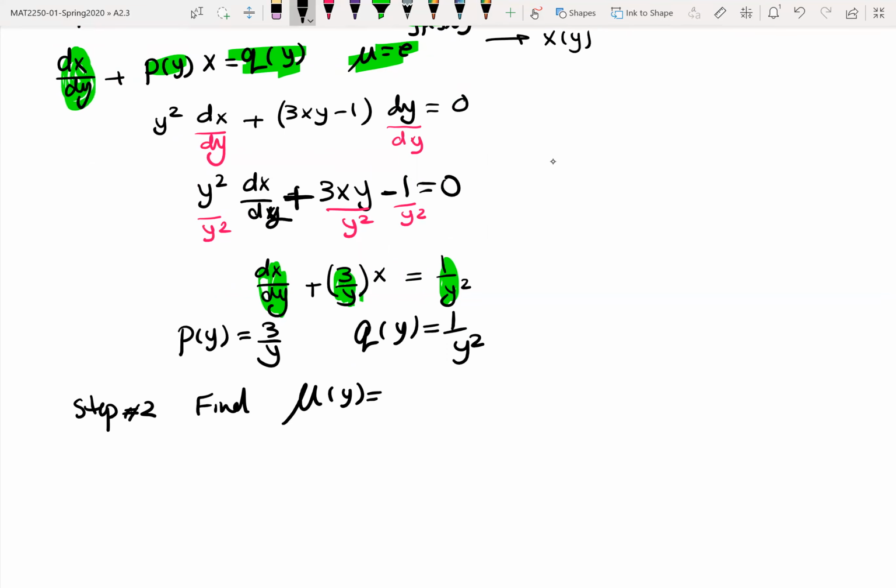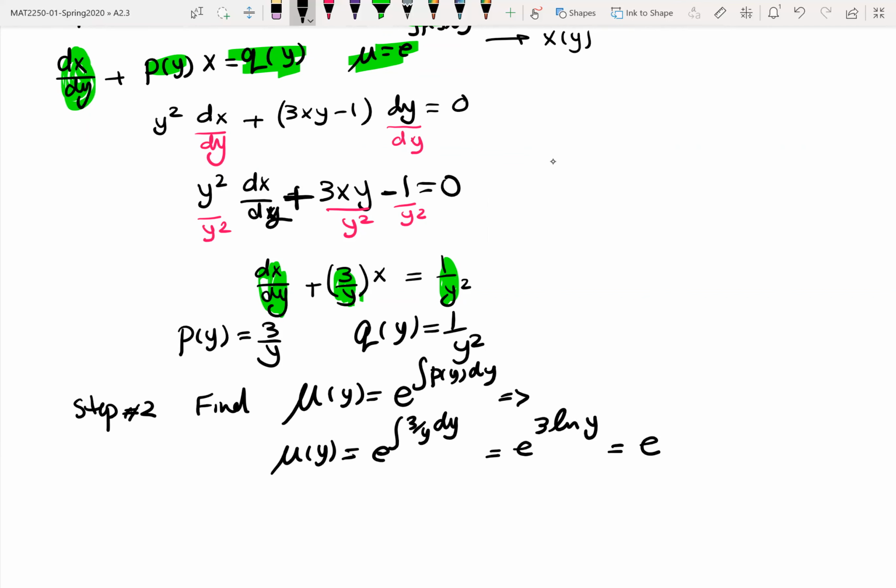So step number 2 is find the mu, and that is e to the integration of p(y) dy. So mu of y is e to the integration of 3 over y, that's e to the 3 times natural log of y, and that's y cube.